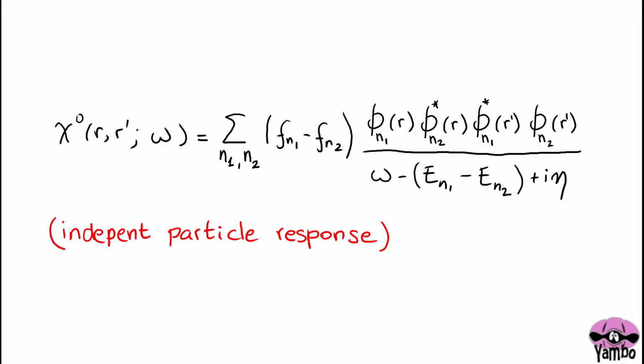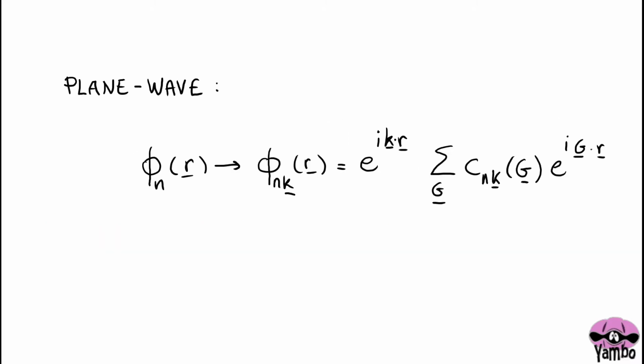Further, how is this response calculated in Yambo? Well, we will use plane waves, so we take the Kohn-Sham orbitals and energies from a plane wave density functional code. So we use a plane wave basis. What before was just indexed with an n, now is indexed with an n and crystal momentum.